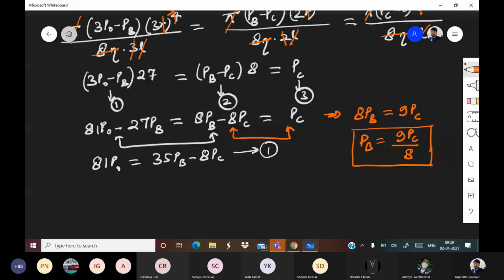So let me put it in equation 1. So 81 P naught is equal to 35 into 9 PC by 8 minus 8 PC.